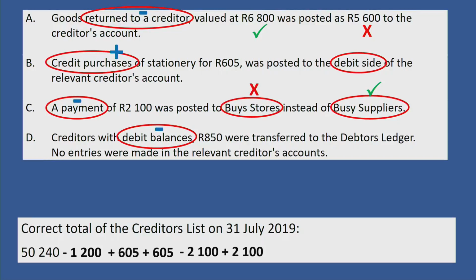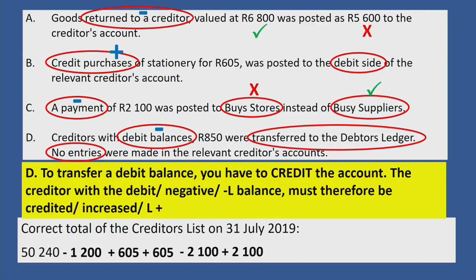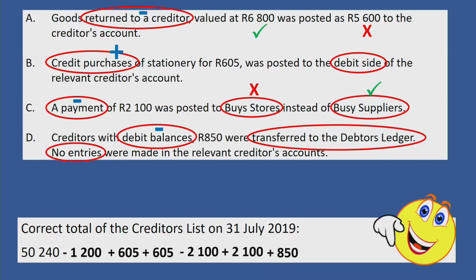Now, if you go back here, how do I remove a debit? No entries were made. To transfer any debit balance, you have to credit it. And the creditor with a debit or negative or minus balance must therefore be credited, which is an increase of a liability, a plus. And if I do that, look what happens.